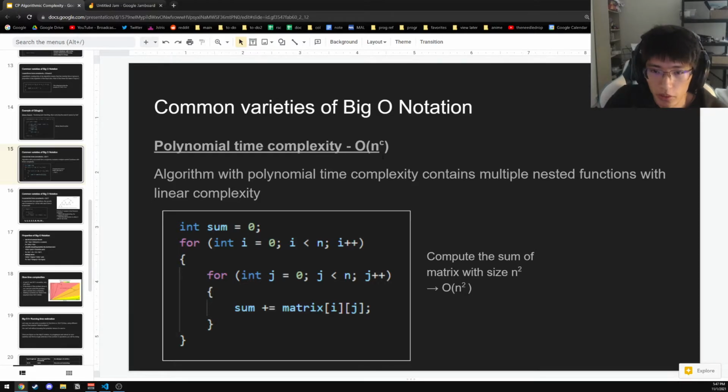So polynomial time complexity might occur when you're searching stuff. Let's say you have an n by n grid, and you want to compute the sum of a matrix with size n squared, and you want to sum up everything.